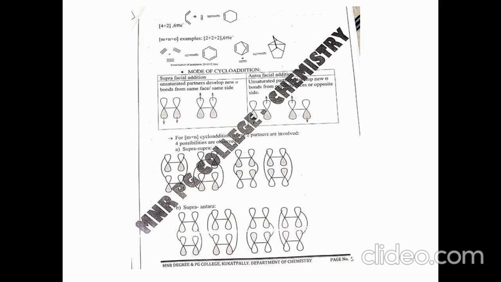Supra-supra means both undergo bond formation using same side lobes of the orbitals. Supra-antara means we have to label properly which is component 1 and which is component 2. With respect to component 1 it will be supra, but with respect to component 2 it will be antara. One uses the same side lobes, that is supra, and one uses different side lobes, that is antara.